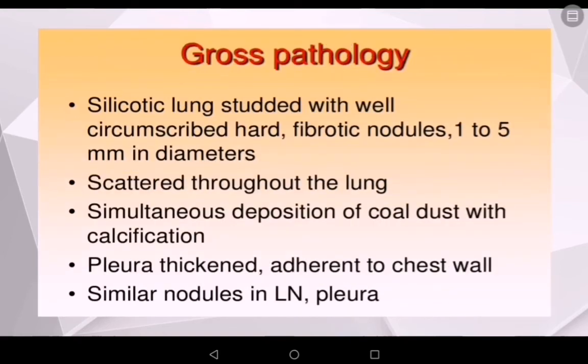Talking about the gross pathology, the gross silicotic lung is studded with well circumscribed hard fibrotic nodules ranging from 1 to 5 mm in diameter, scattered throughout the lung. There is also simultaneous deposition of coal dust with calcification, and the pleura is thickened and adherent to the chest walls, with similar nodules in lymph nodes and pleura as seen in coal workers' pneumoconiosis.